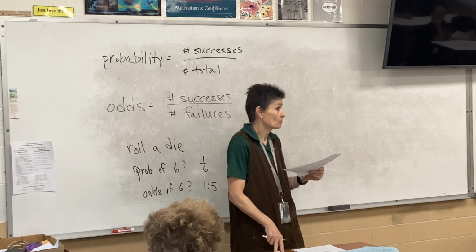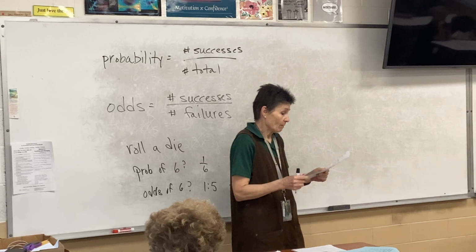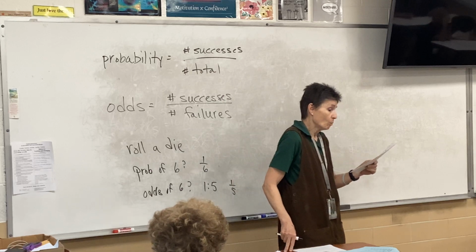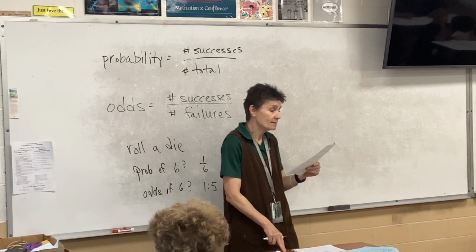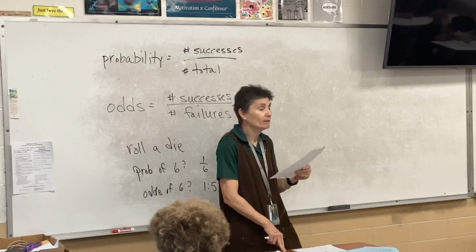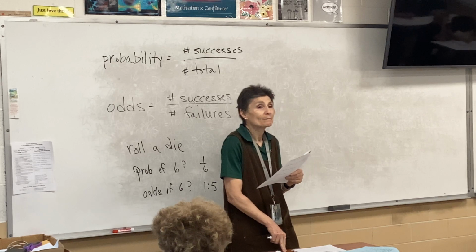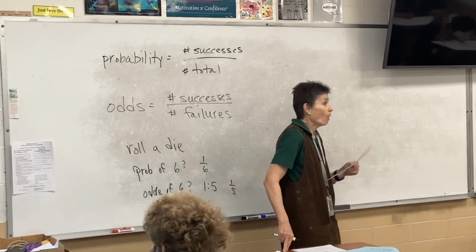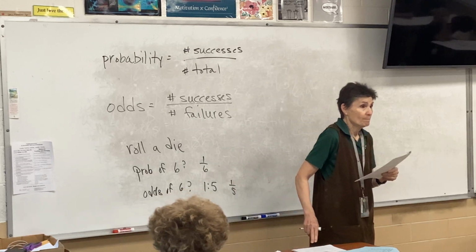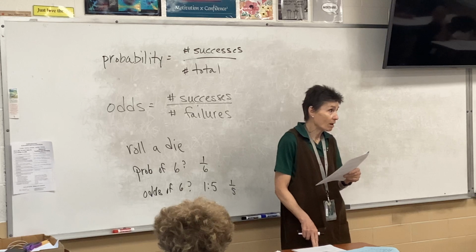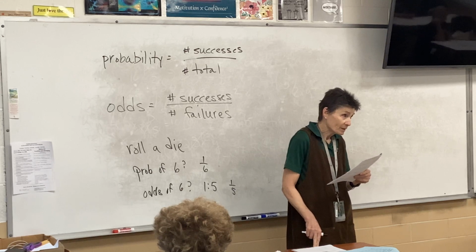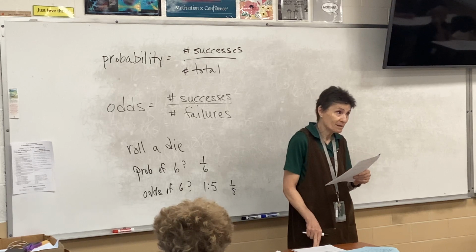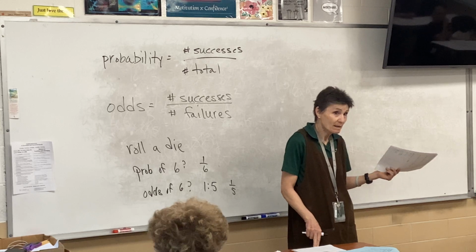Now, if the candy is chosen from Maggie's bag, what's the probability that it will not be yellow? 80%, 0.8. Why is it 0.8? Because the yellows are 0.2, and won't everything else then be 0.8?